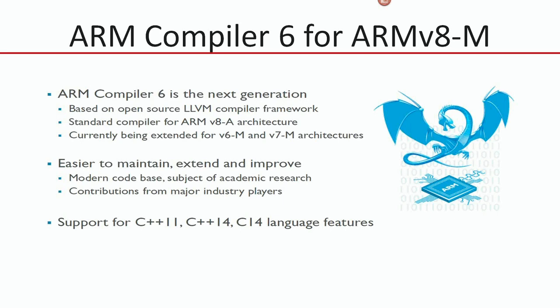Currently, as far as we're aware, the only compiler available is the new ARM Compiler 6, which is a new generation of the ARM compiler, based on a newer compiler technology, Clang LLVM. So this gives us better code optimization, but will also allow us to generate code for the new ARMv8 architecture. So if you are going to use TrustZone, then you will need an upgrade to your compiler.